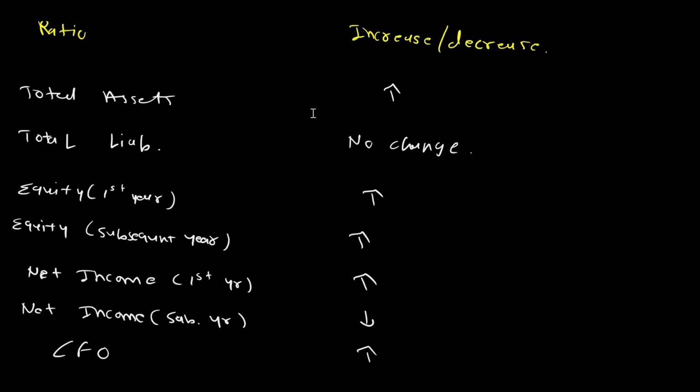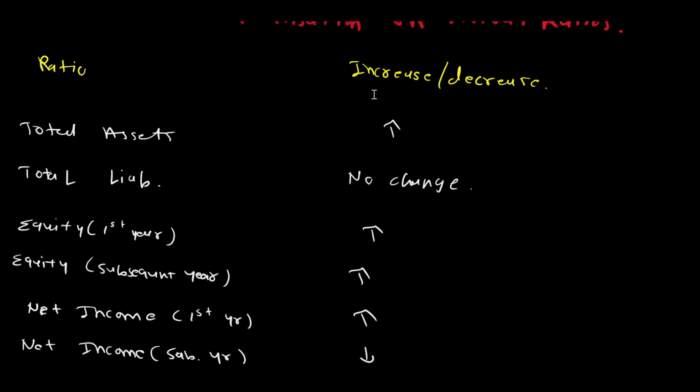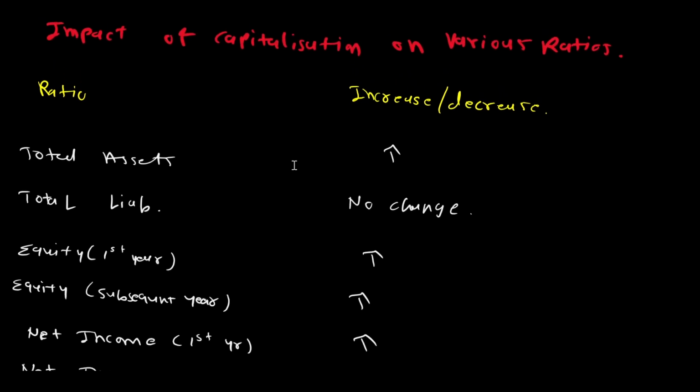For example, if I capitalize, my total asset will increase, my liability will not have any change, my equity in the first year will increase, as I have capitalized instead of expensing that in the P&L.